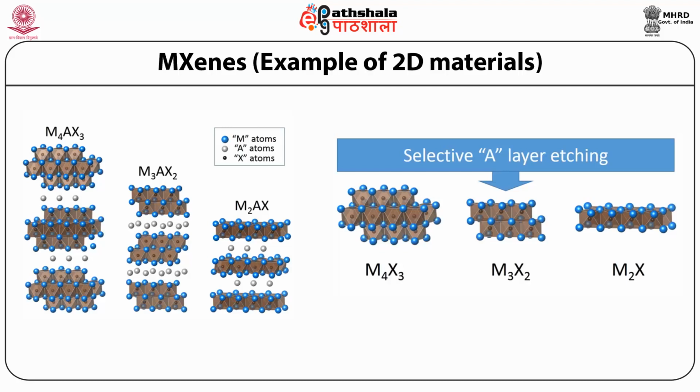Till date, the following MXenes have been synthesized: Ti2C, V2C, Nb2C, Mo2C. Another class, M3C2 MXenes, are Ti3C2, Ti3CN, Zr3C2, Hf3C2. Another class, M4C3 MXenes, are Ti4N3, Nb4C3, Ta4C3.